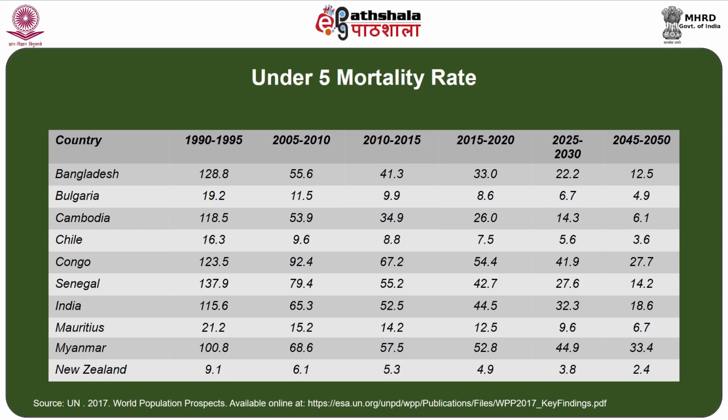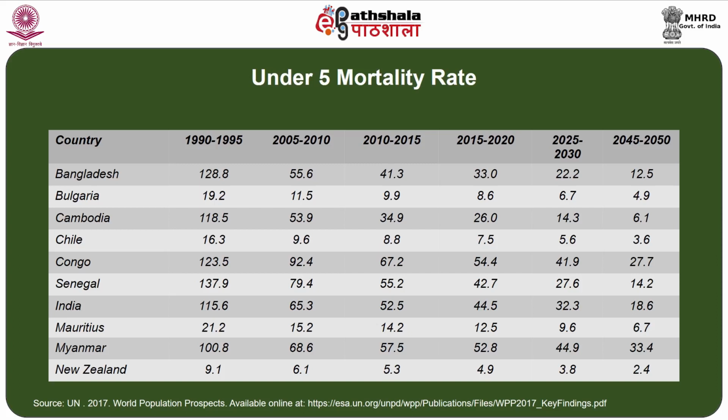Let us focus on mortality, especially early childhood mortality, that is the under 5 mortality rate, from the period of 1990 to 95 to the projected years of 2025 to 2030 across these countries.